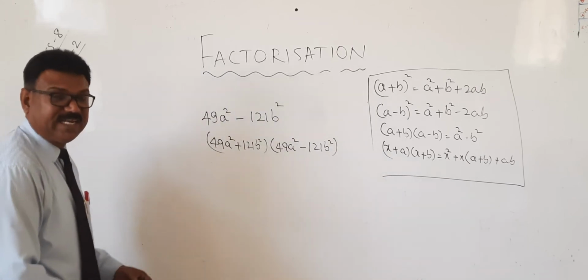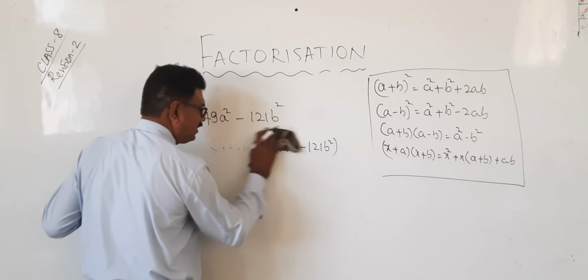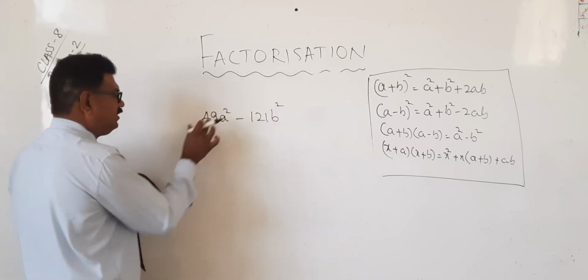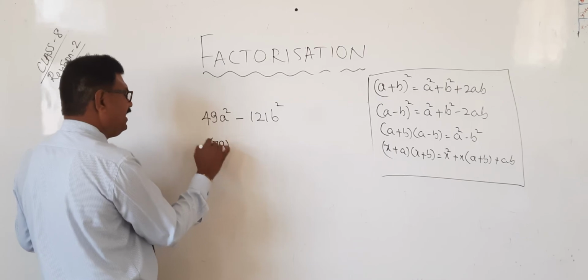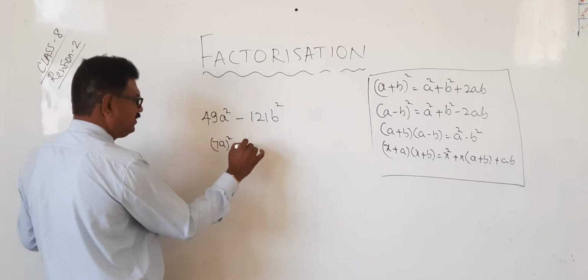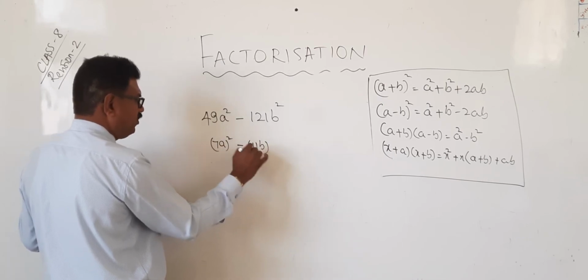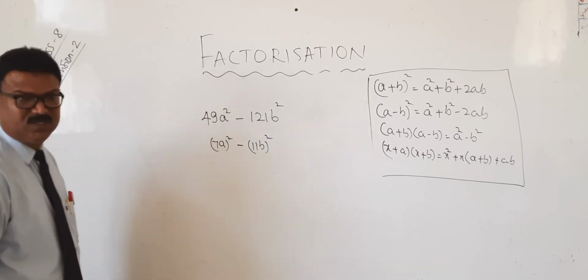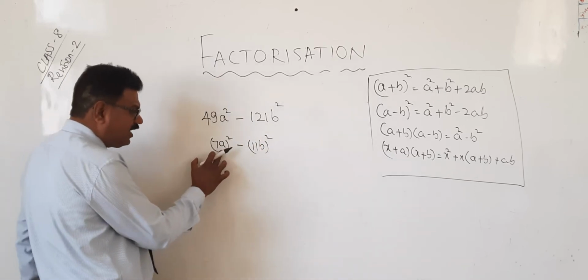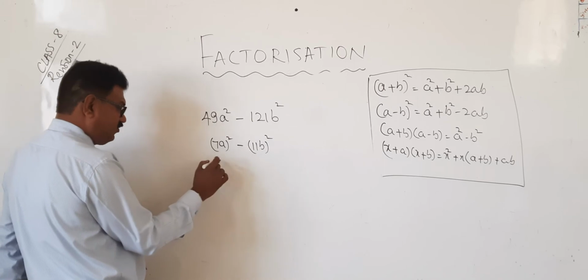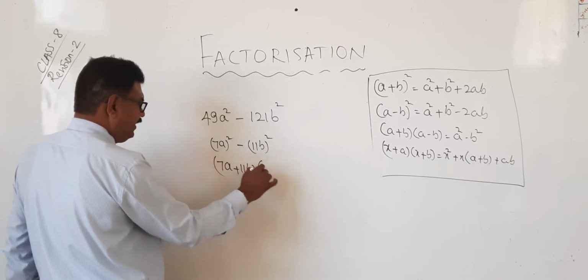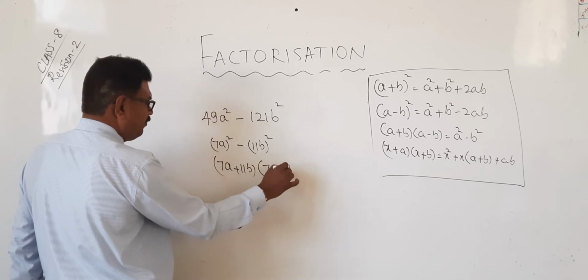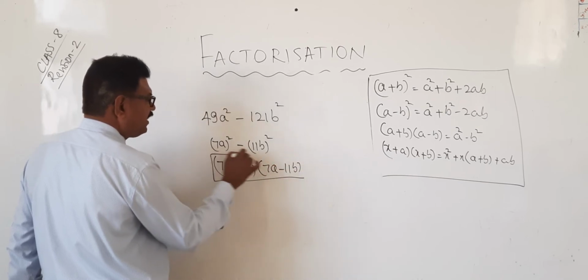It is not the correct answer, because the original form of this is 7a whole square minus 11b whole square. Now a square minus b square, therefore 7a plus 11b into 7a minus 11b. This is the correct answer.